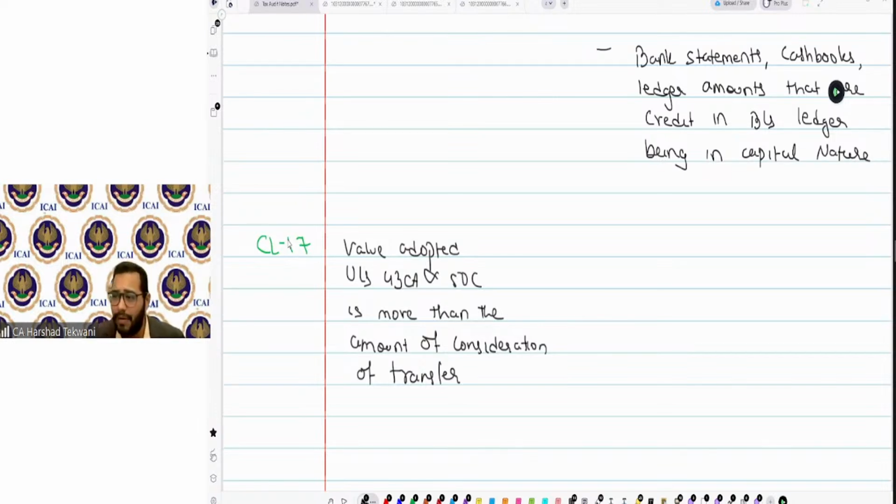In that case, you need to provide certain details. That is, details of property, consideration received, and value adopted.